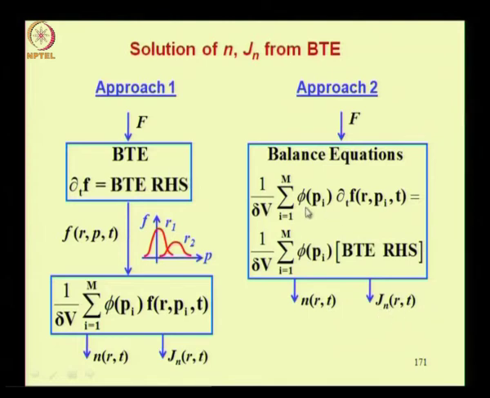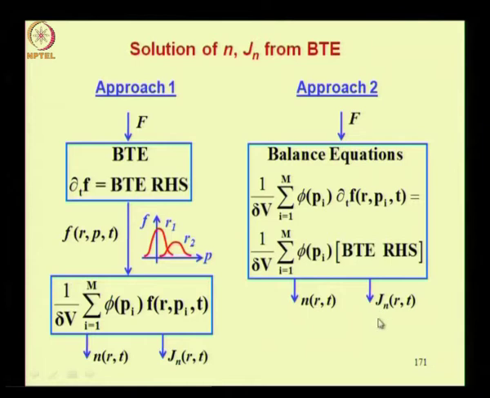For example, if phi of p is 1, then the left hand side becomes dou n by dou t. If you choose phi of p as p by q mn, then it becomes dou Jn by dou t.